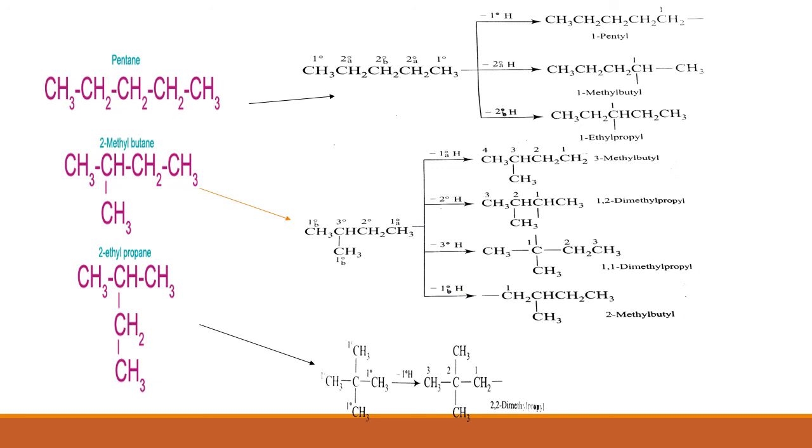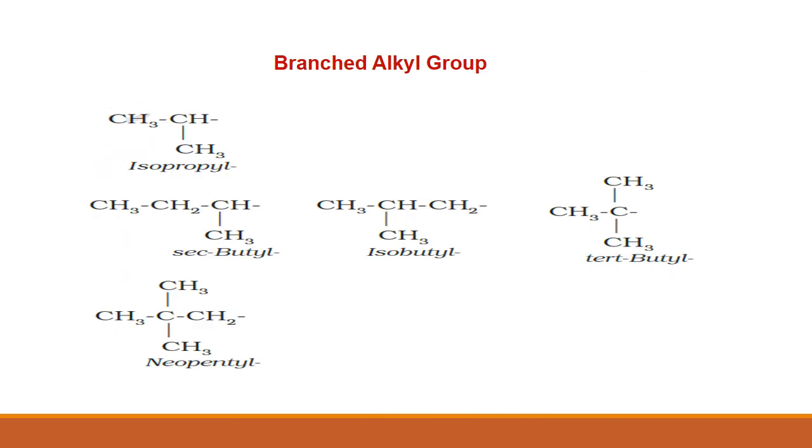So simply: isopropyl, propyl, secondary butyl, isobutyl. These are the common names which are normally used. Branched alkyl groups are of 5 types, which are very common and most important in organic reactions. In isopropyl, the functional group or any other atom is attached on the central carbon.